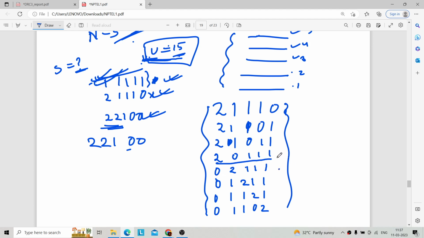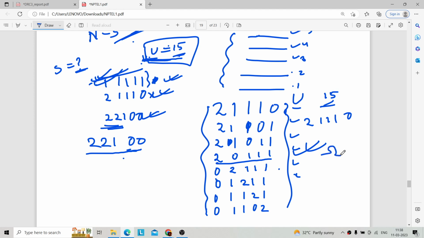Everything related to these numbers I have already done. You have to do this one: three non-zero numbers, and two zeros. Then you have to calculate the total internal energy for each of them, and how many microstates correspond to 15.